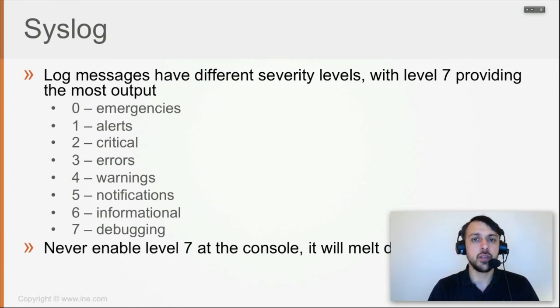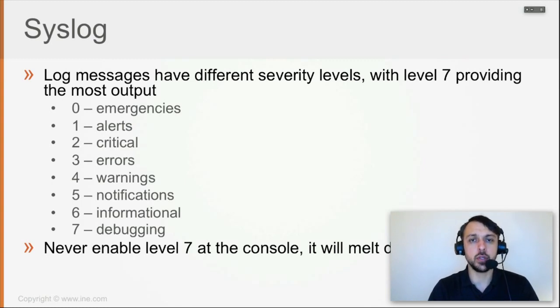But on a real network device, if you say, for example, debug ip packet, which is one bad example, it means that at that point you want the router to show you an output of all of the packets passing back and forth through the router.